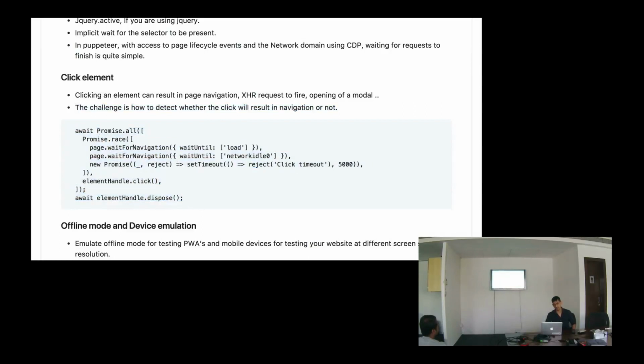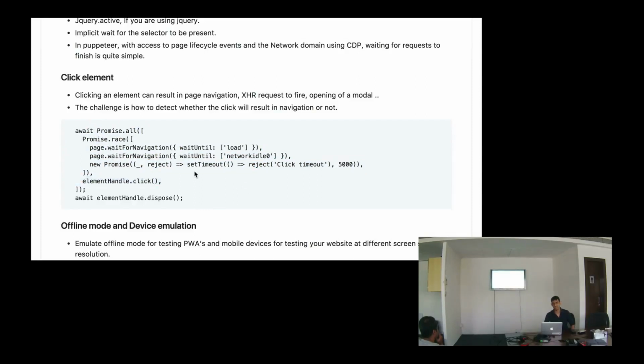We are waiting for the load event to fire before resolving this promise, and we are also waiting for network idle 0. This basically means that there are no ongoing requests, because we are snooping on the requests with this. Otherwise we time out after 5 seconds, and this is all inside of a promise, so it will resolve after one of these returns, and then we'll do the element click.